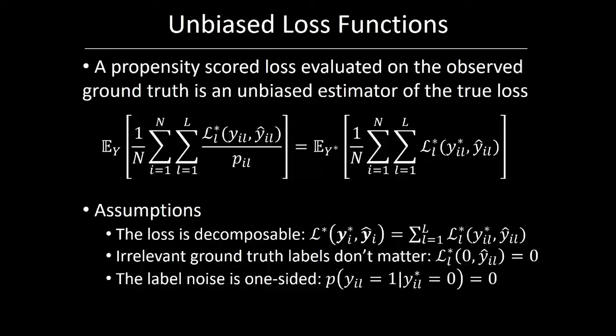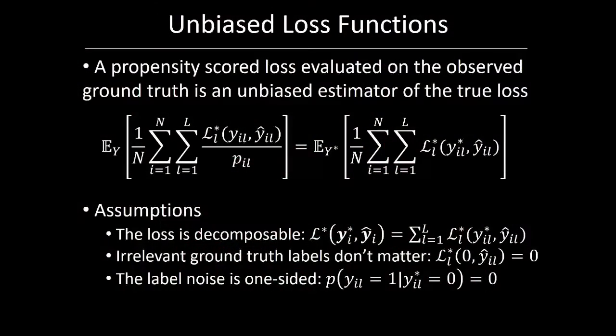And of course, as with any theorem, we had to make some assumptions in order to get here, but these assumptions are fairly mild. The first assumption is that the loss function should decompose over the individual labels, which is certainly the case for precision and nDCG. The second assumption is that only relevant labels should contribute to the loss and irrelevant labels should not matter. And that is again true for precision and nDCG by definition.